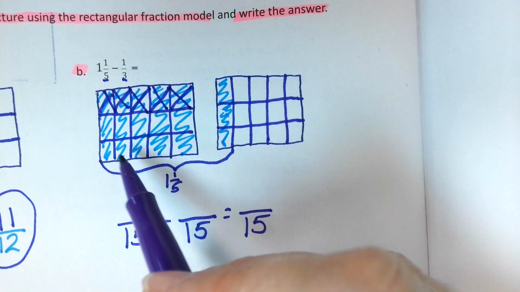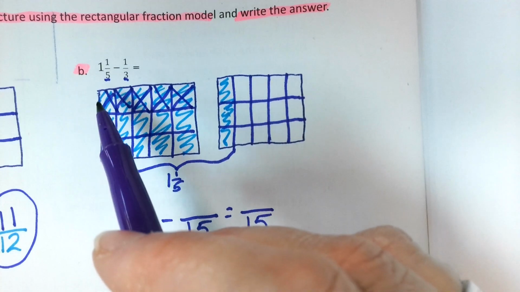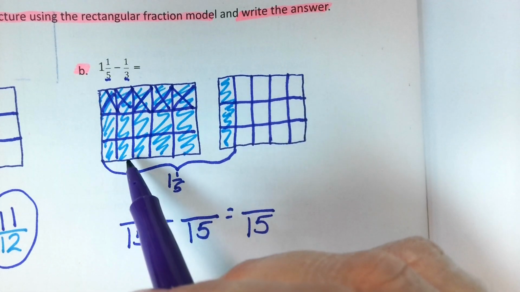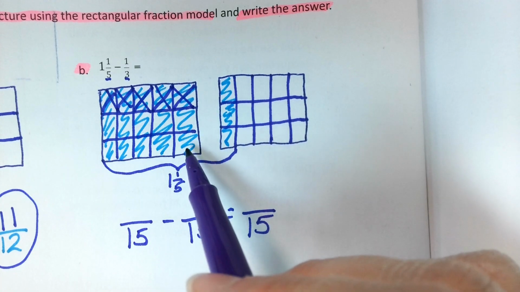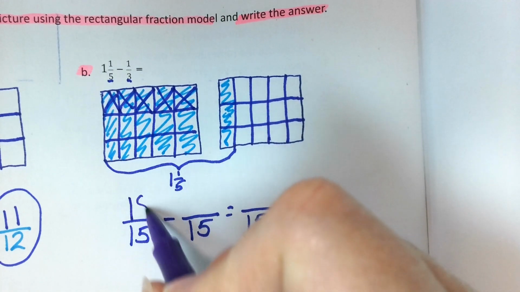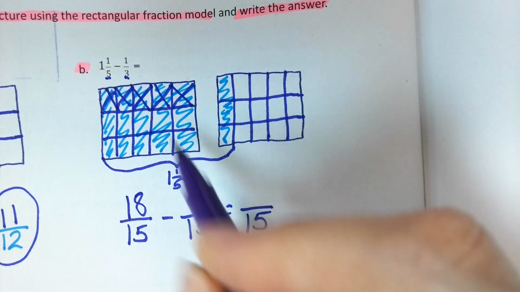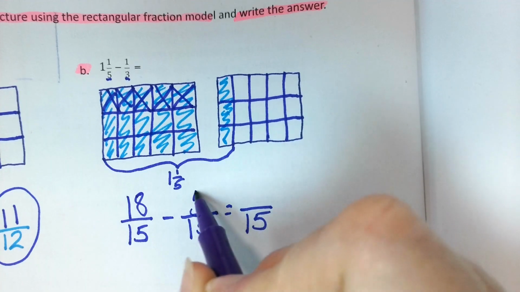Excuse me, I forgot to do my first step, and like I told the kids today, sometimes we make mistakes. So my whole number and my fifth are all of these added together. So it's 1, 2, 3, 4, 5, 10, 15, 16, 17, 18 fifteenths. And I count all of them. What am I subtracting? 1, 2, 3, 4, 5.